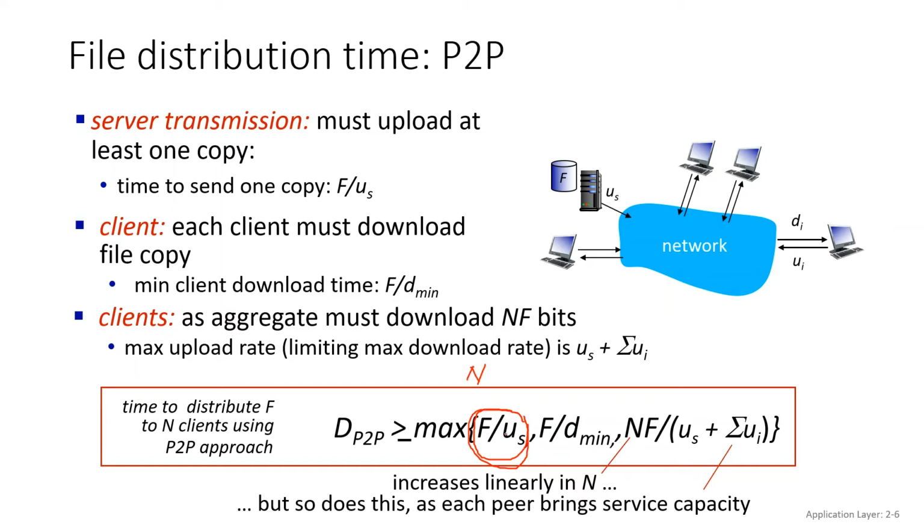So this is one constraint, right? And then we have the same thing on the other side, which is the file divided by the least download rate of all the computers in the network. All right, no change about that, because we also saw that from the client server part. But now this is the brand new one.